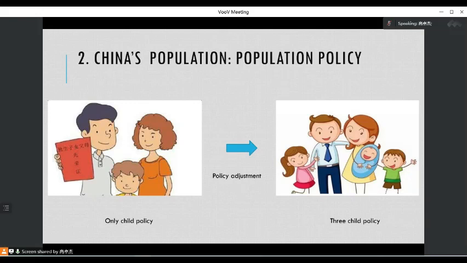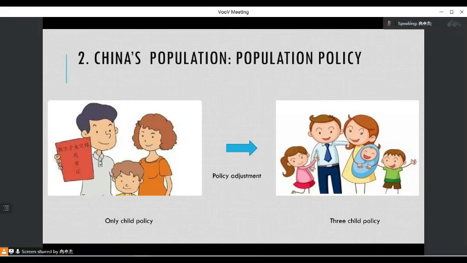There is a traditional view in China that boys are better than girls, but the Chinese government is looking for ways to stimulate people to have more children and to have more girls.